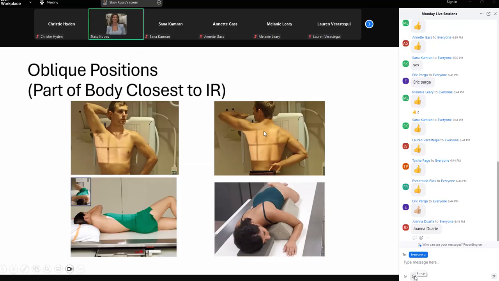Okay. Here you see now his anterior side is touching. So that's going to be an anterior oblique, and his right shoulder is touching. So that would be a right anterior oblique. And as you know, an RAO and an LPO will show the same thing.